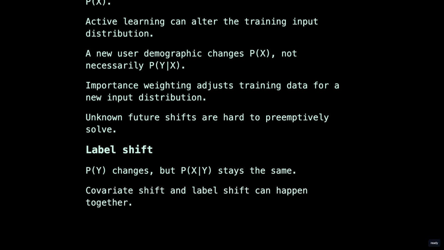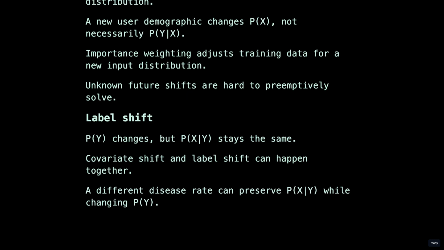These two shifts are closely connected because changing the input mix often changes the label mix too. In the breast cancer example, fewer older patients in the test set means fewer positive labels overall, yet the feature distribution within the positive class can remain the same. A preventive drug changes the cancer rate across ages, so the output distribution shifts.